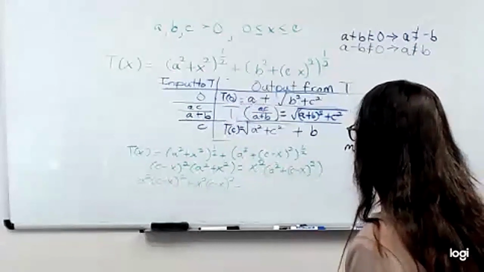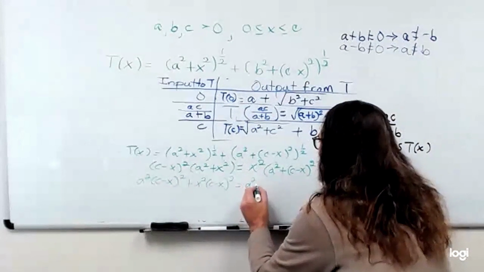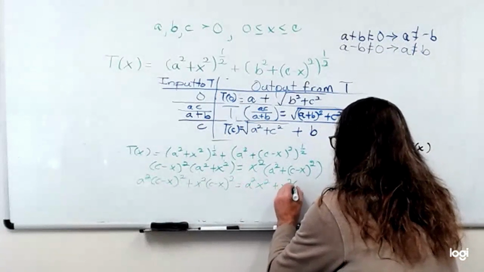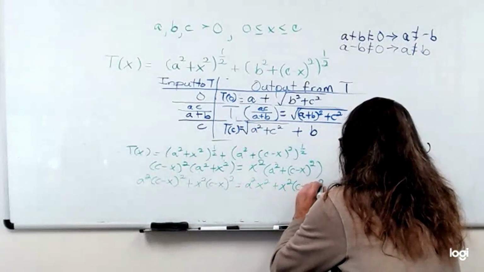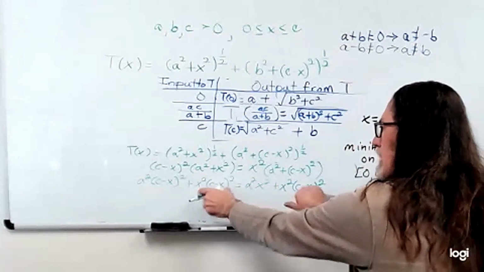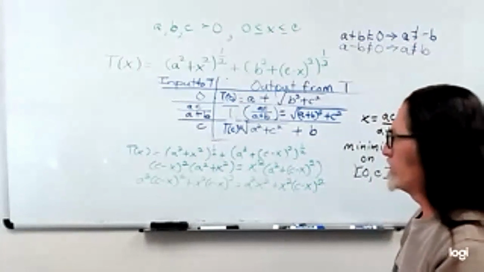And here, let's distribute the x squared. Then we see that we can cancel the common x squared times the quantity c minus x, all of that squared.